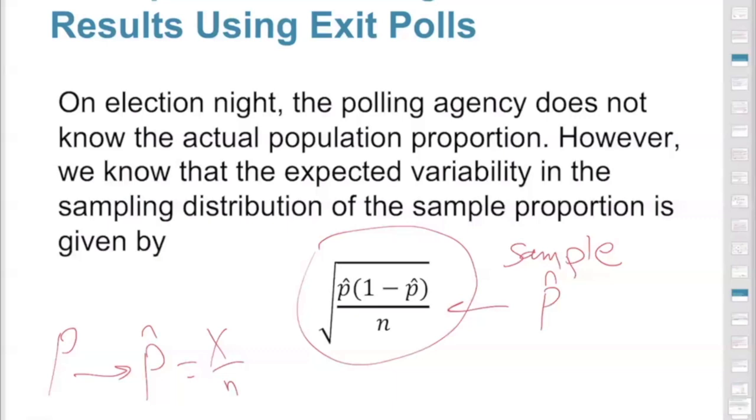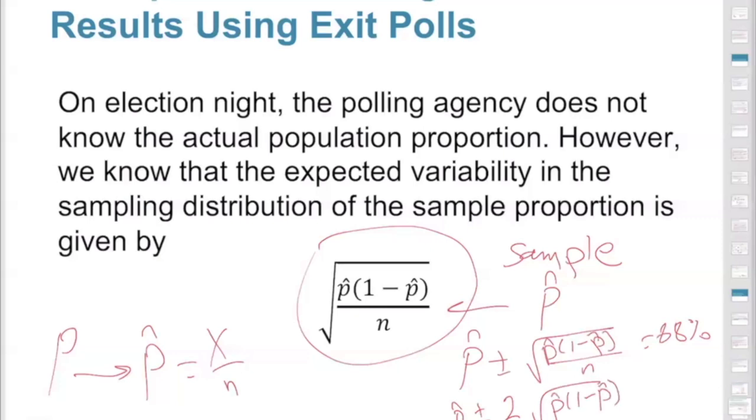So you can find P hat plus or minus one standard deviation to the left and one standard deviation to the right. So you will put here the square root of P hat times 1 minus P hat divided by N. And of course, here you will find approximately 68% of the proportions. Okay. And then if you increase it to 2 standard deviations, you will have here 95% of all proportions within this range.